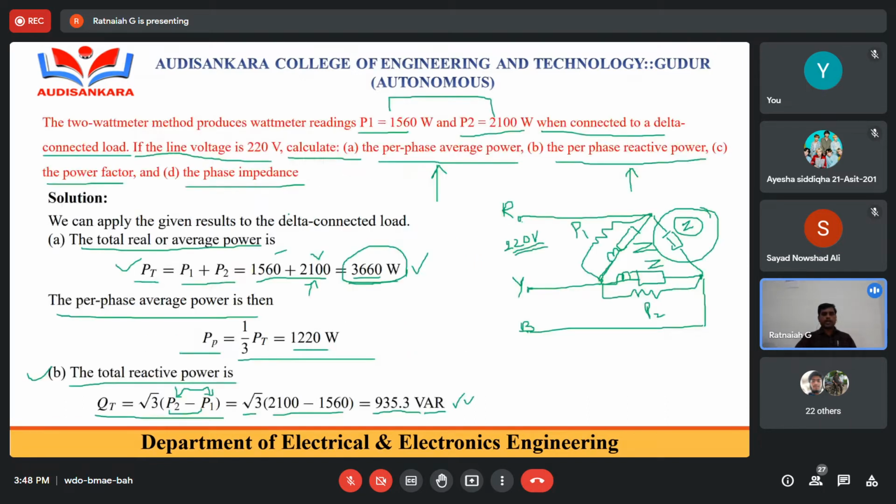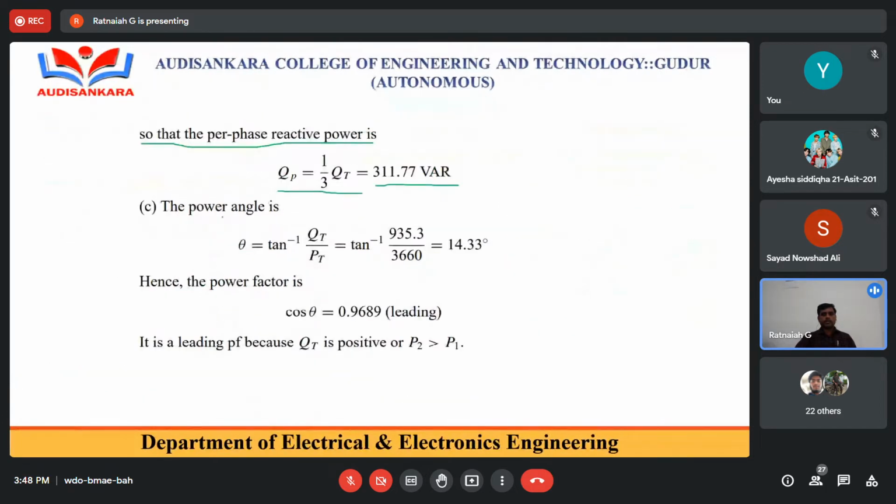What is the next, the third one? Power factor, that is cos phi. So what is the power factor angle first? That is phi. Afterwards, you can take the cosine of that angle, which is nothing but the power factor. So phi is equal to tan inverse of Qt by Pt.